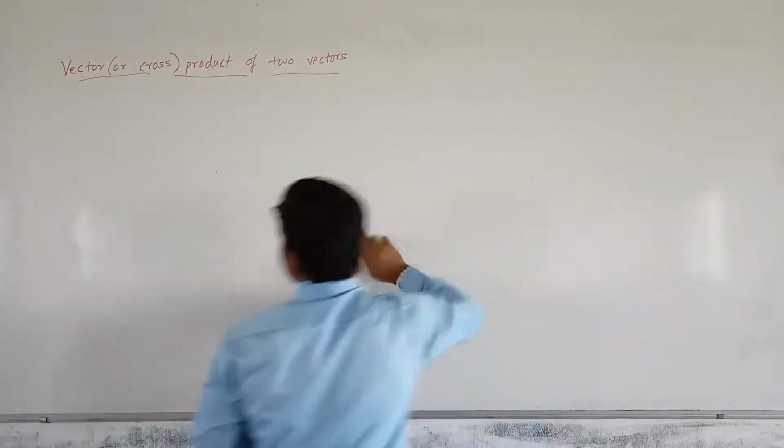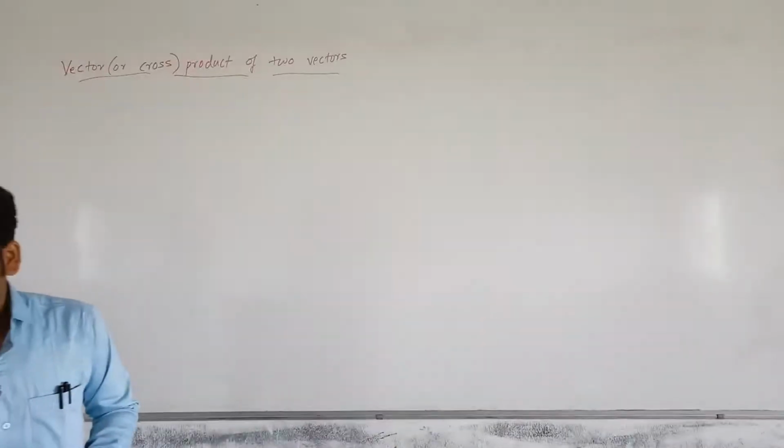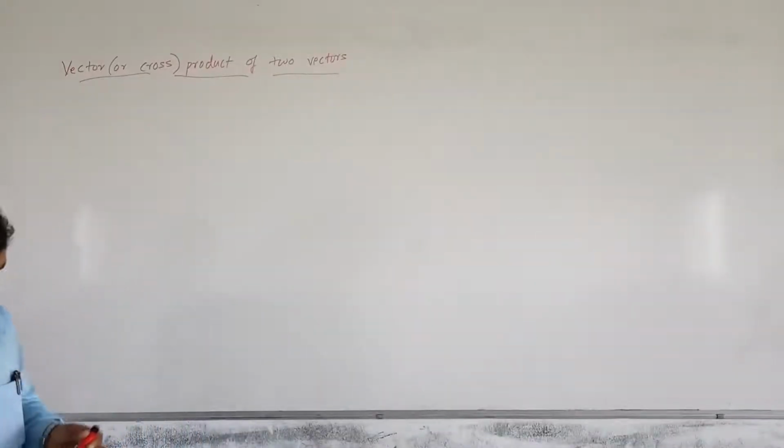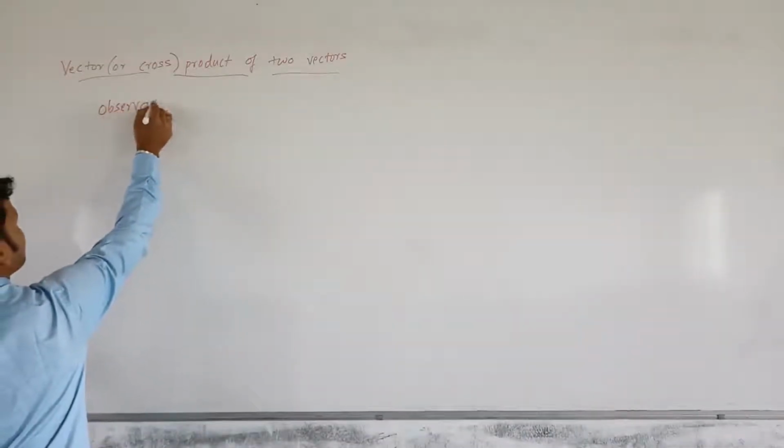Okay, now let us go to the next one, that is observations on the cross product of two vectors.